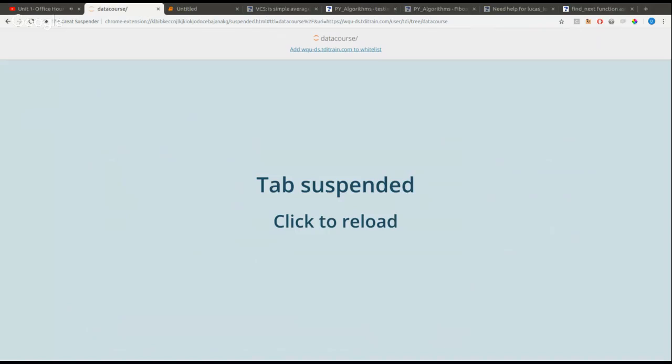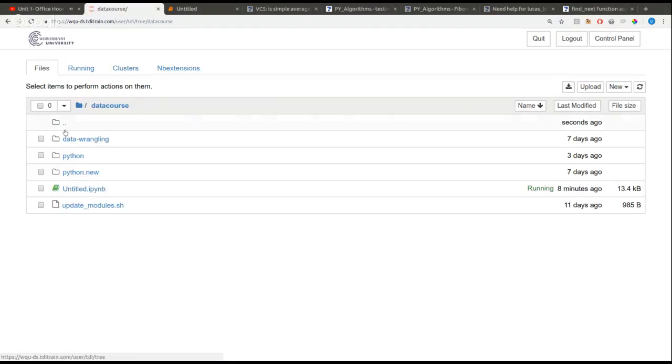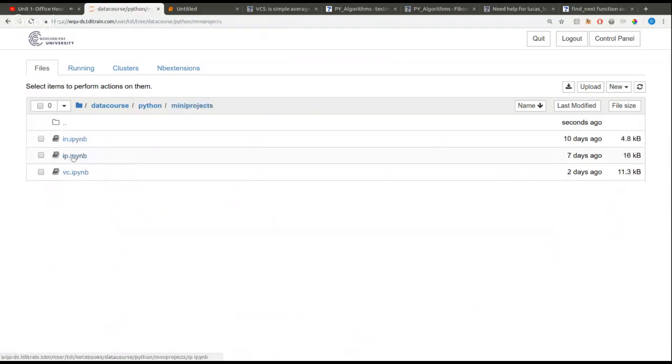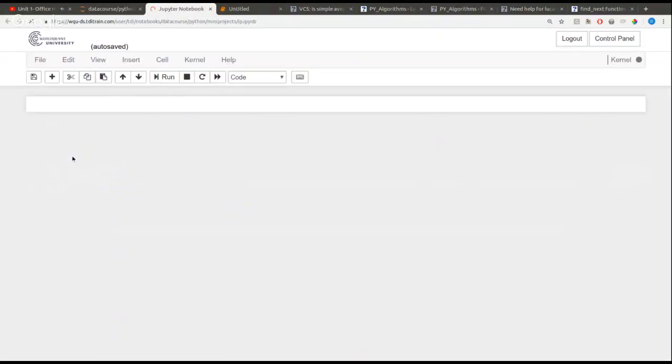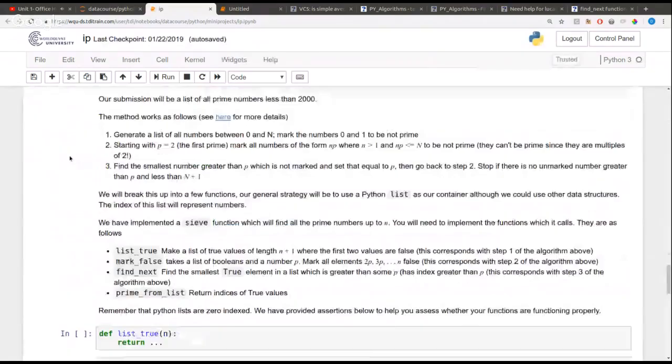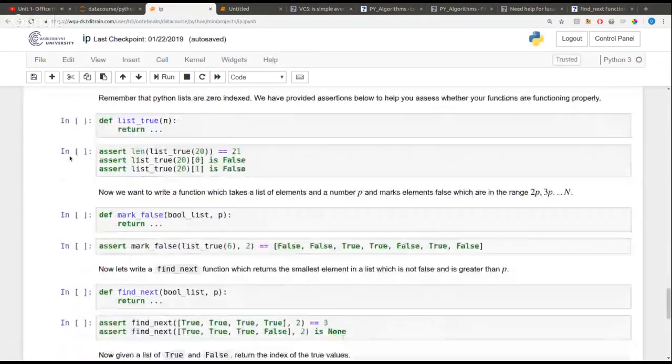Okay, so smallest element unless it's false or not. Okay. And then let's see. So I have a different assertion in one of my notebooks.